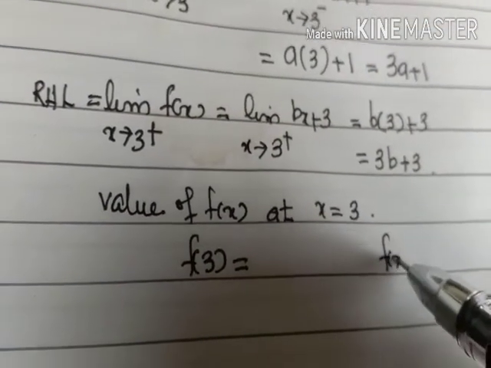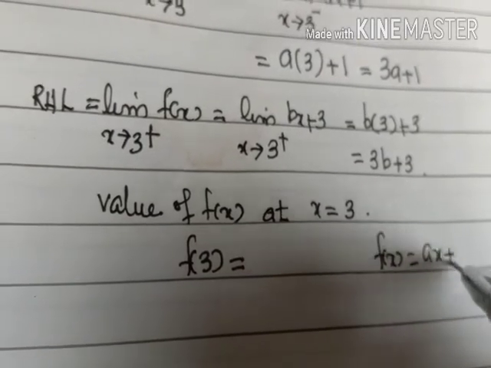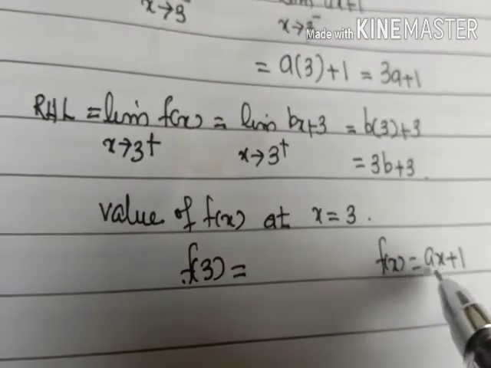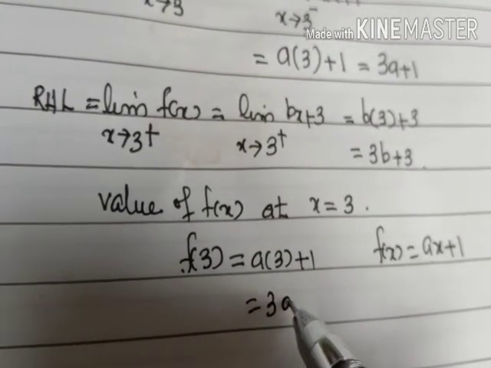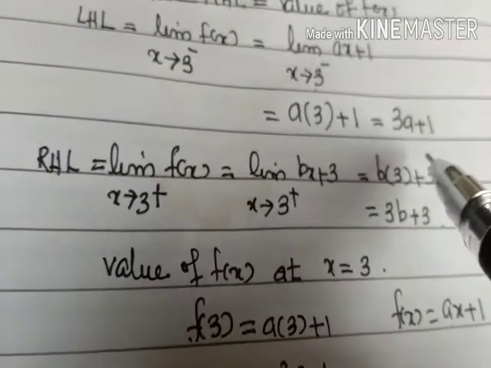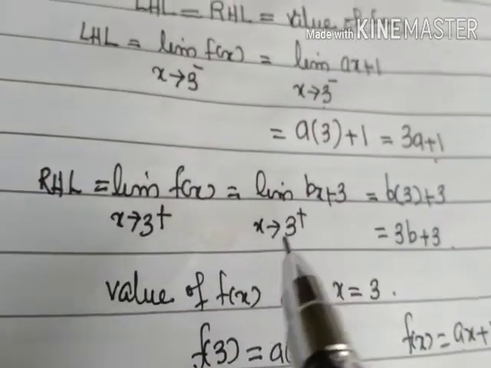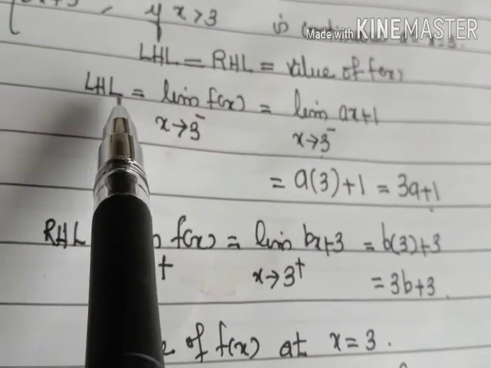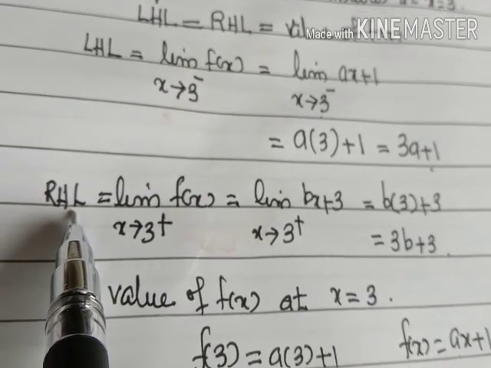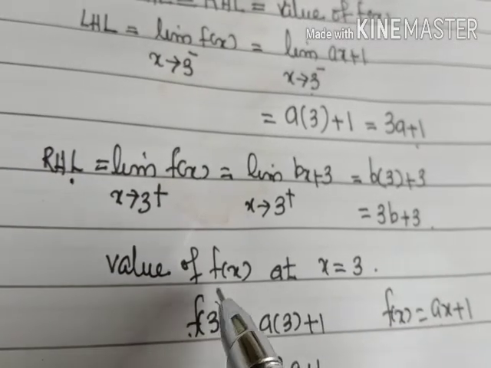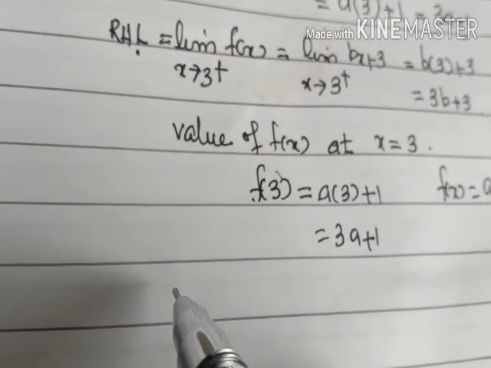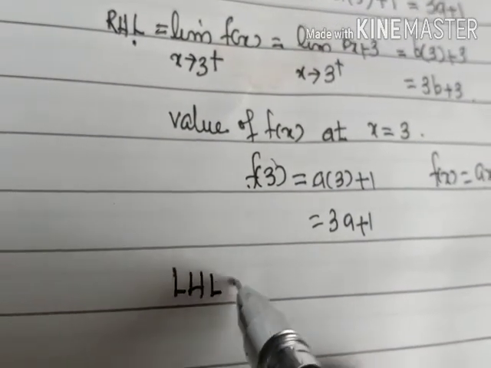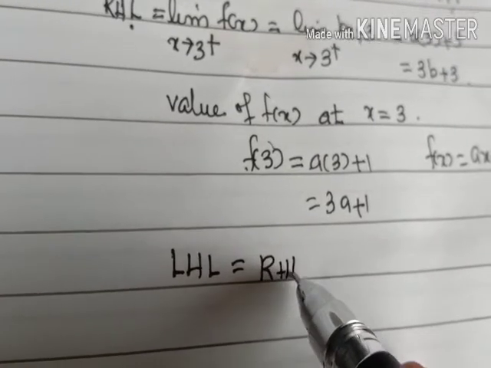So what is f of 3? a into 3 plus 1, that is 3a plus 1. It is similar to the left hand limit. So here we can equate left hand limit and right hand limit only because the value of the function is the same as the left hand limit.